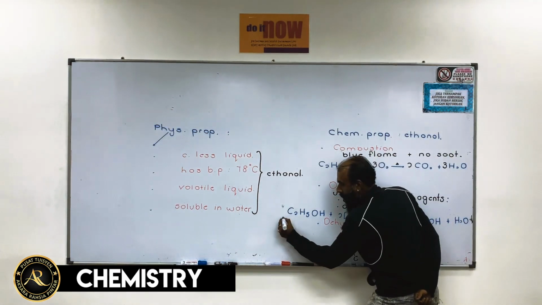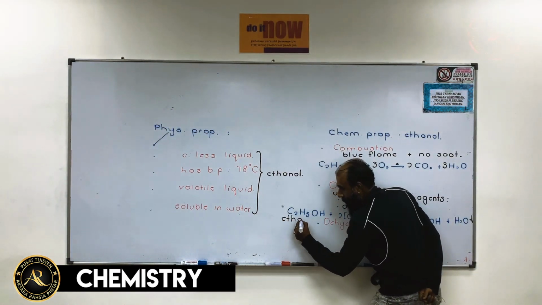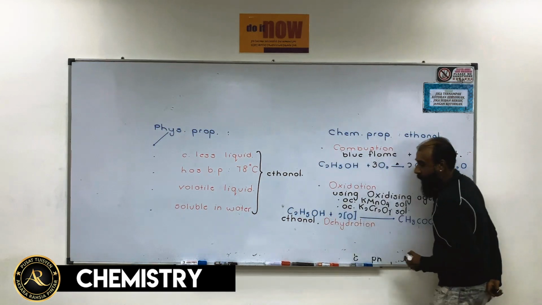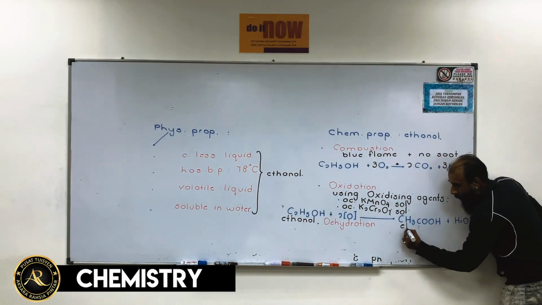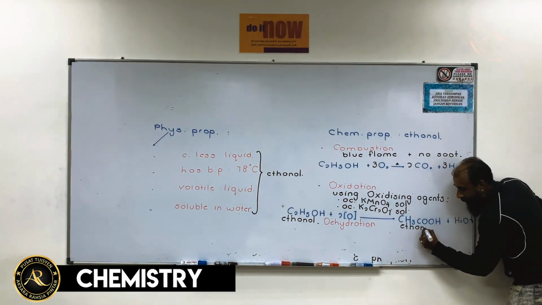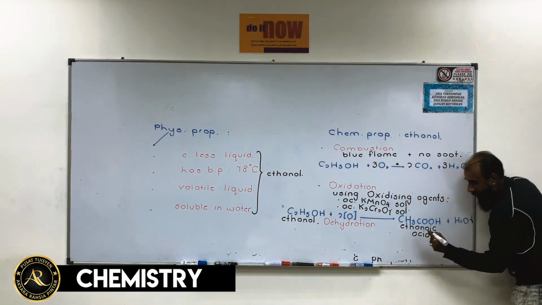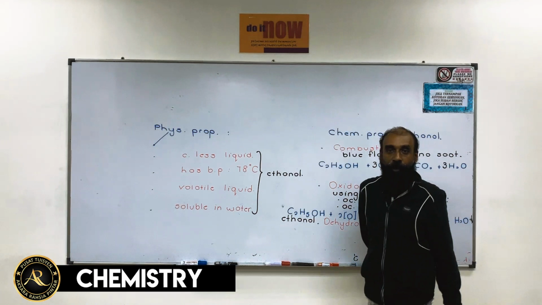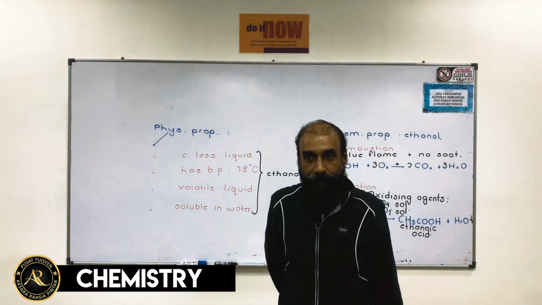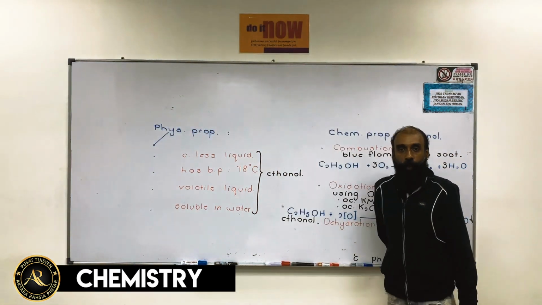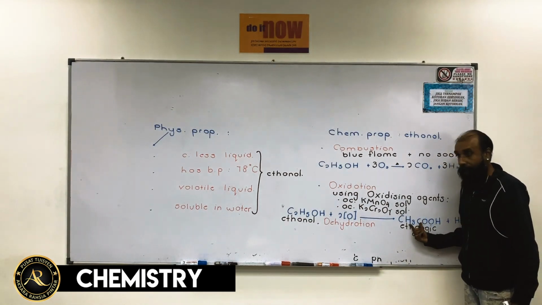If I use ethanol, my product will be ethanoic acid. My dear students, I'll be showing you later in the video how to get the carboxylic acid formula correctly.